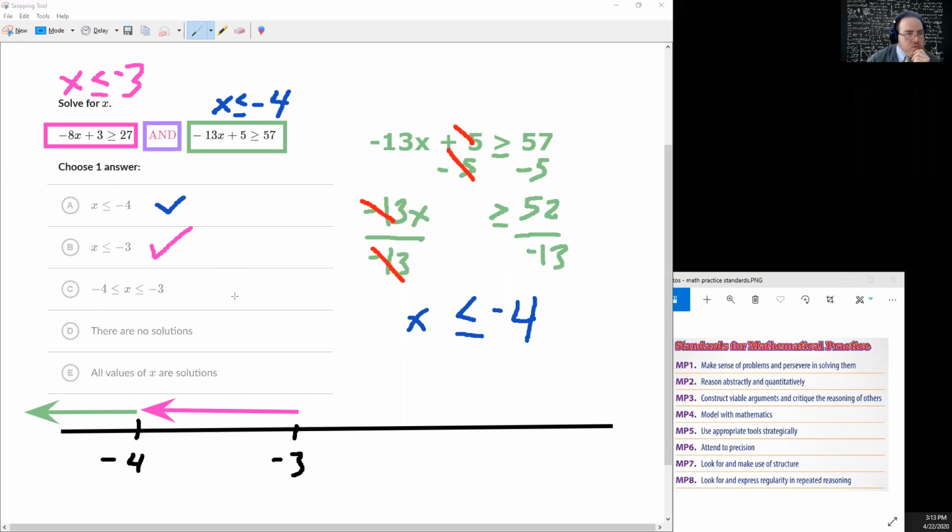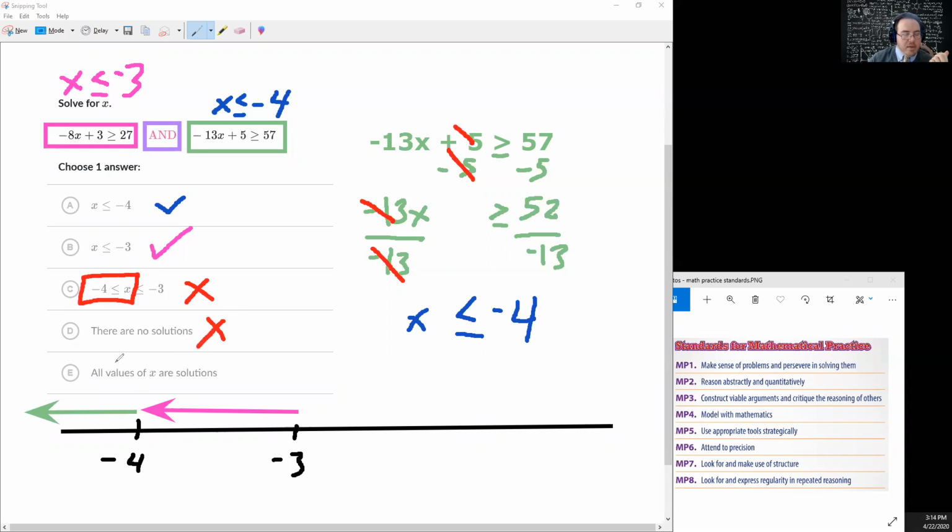So why is C wrong? I think I can spot it. This part right here is not correct because that's saying x is greater than or equal to negative 4. So that can't be right. And it's not that there's no solutions.